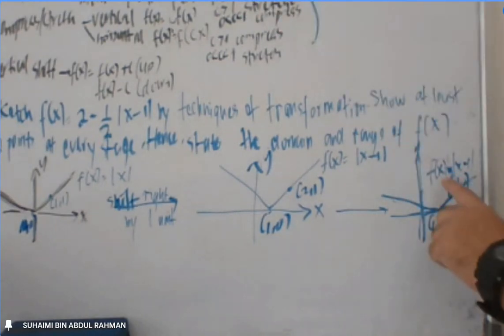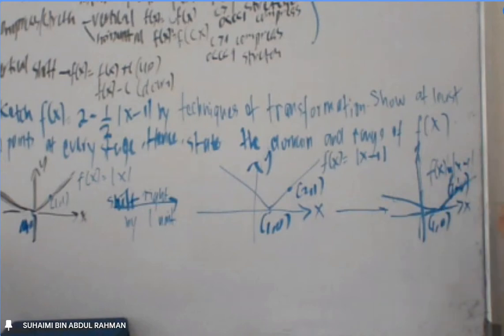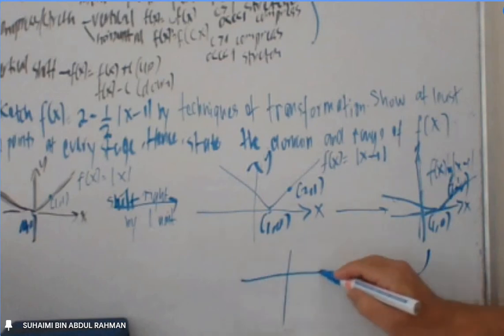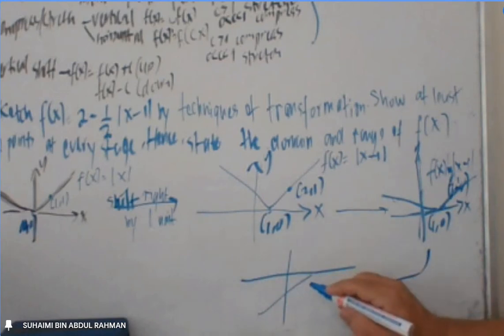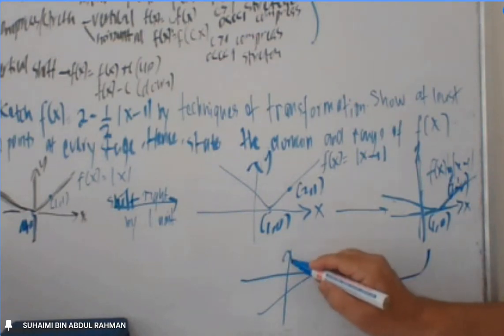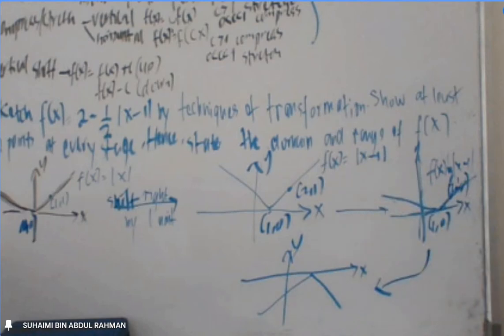Our function now is 1/2 absolute value of x minus 1. When a negative multiplies this, it reflects about the x-axis. Therefore, our function becomes like this. x, y, reflection about the x-axis. We say that.